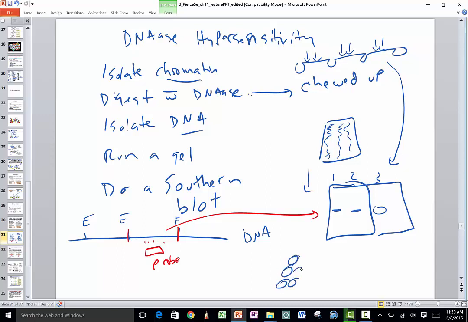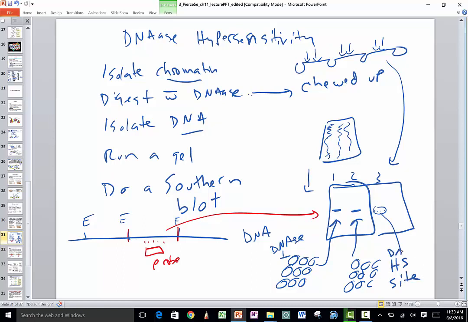However, if the DNA was in a condensed chromatin, the DNase can't get to it. And so that DNA is still present. When we do a southern blot, it shows up as still present. So it hasn't been chewed up. So when it goes away or gets lighter, that's how we identify a hypersensitive site.